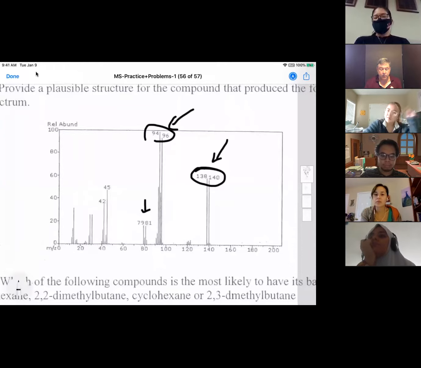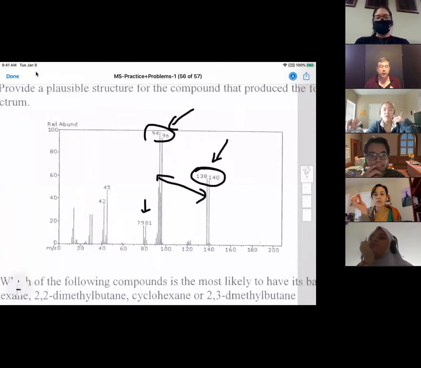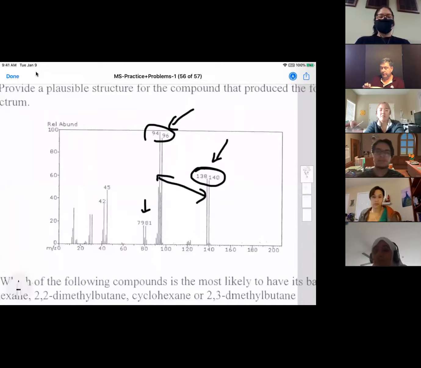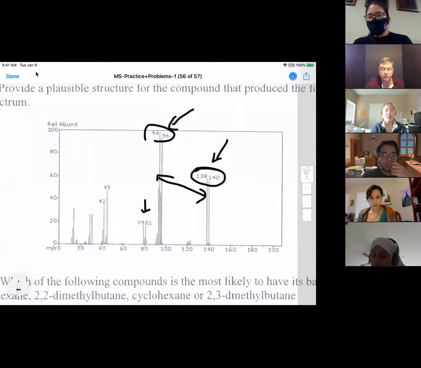Okay, so what's the difference between this peak and this peak to tell us what broke off? Again, I'm going to go to my lovely computer here. 94 minus 38 is equal to 44. So if we're looking at the front peak on both of these, that difference is 44.